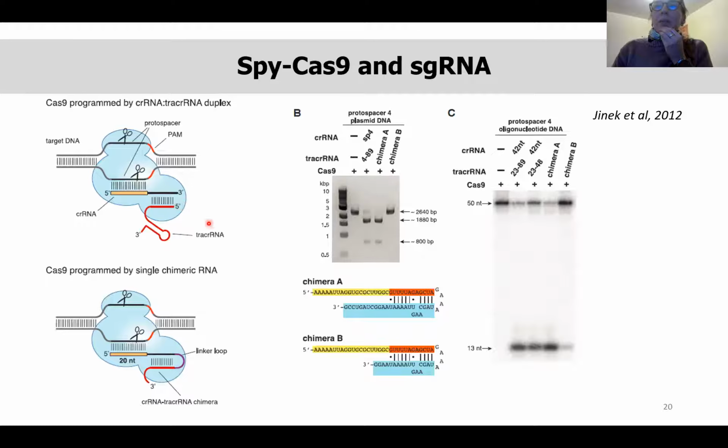And they showed that this chimeric RNA can also perform cleavage with Cas9. Now this chimeric RNA is called single guide RNA, or simply guide RNA by people who just use CRISPR.